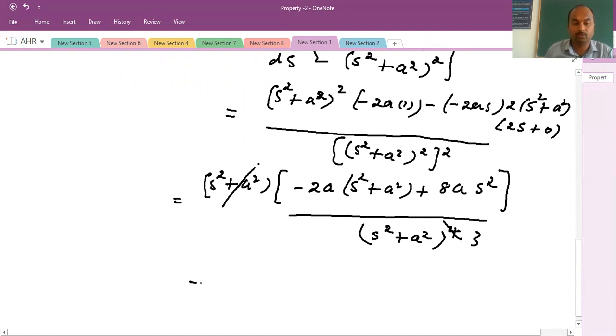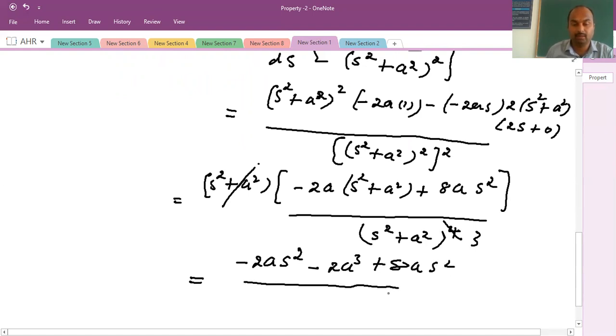I'll simplify the numerator 2as into s square. So it becomes 2a square. 2a into a square, it will be 2a cube plus 8a square divided by s square plus a square whole cube.